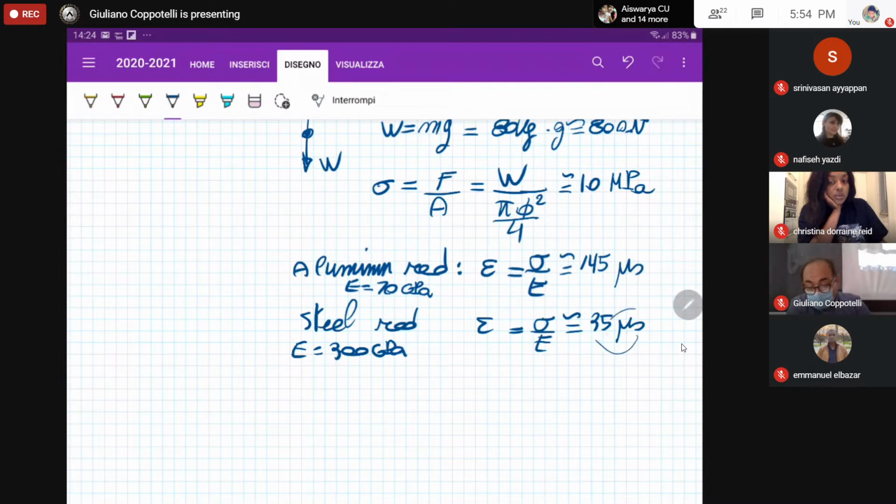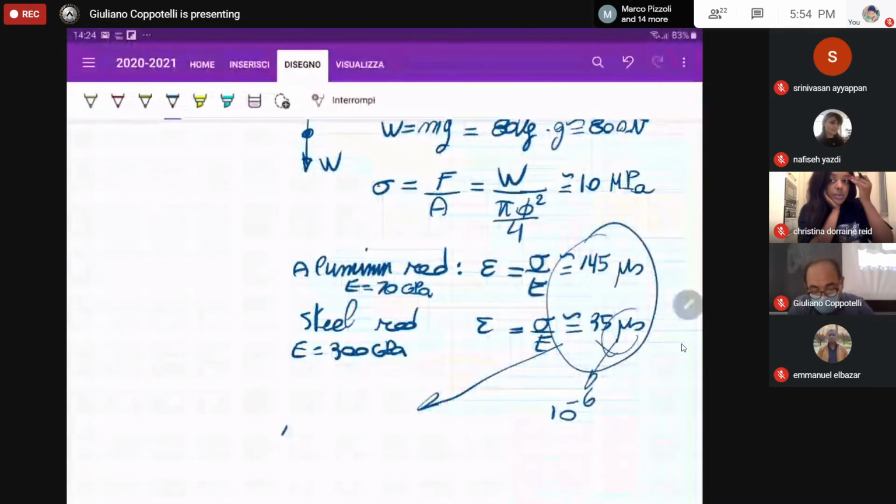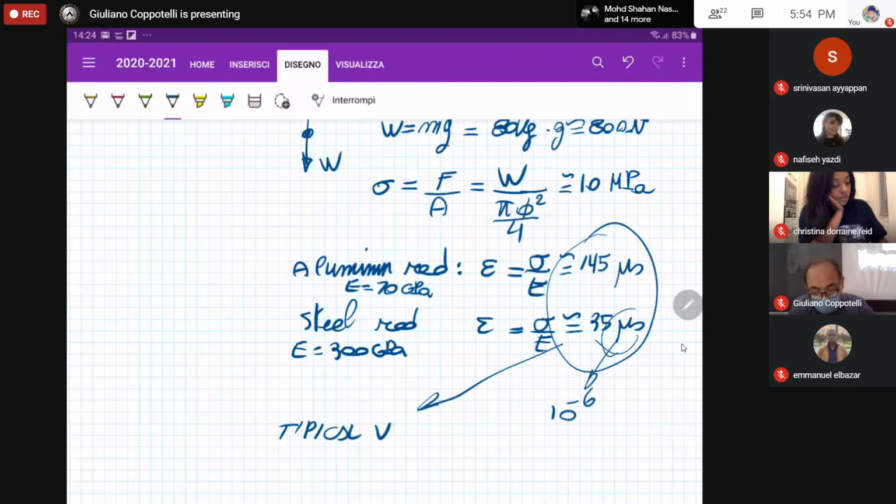Microstrain, always remember, is 10 to the minus 6, meters over meter. So these are typical values of strain that have to be measured, that have to be tested.